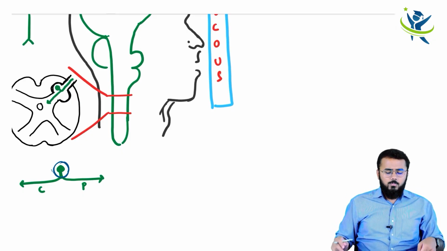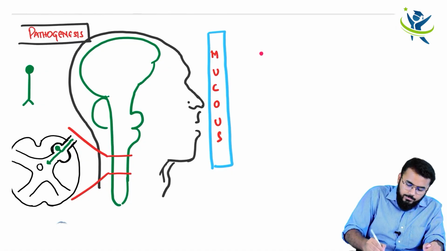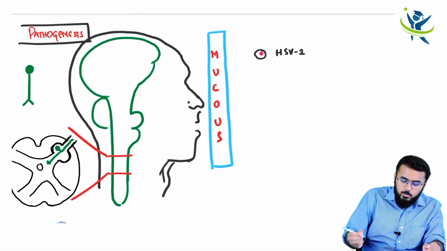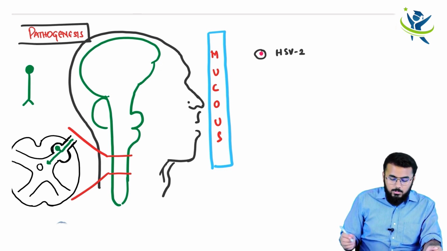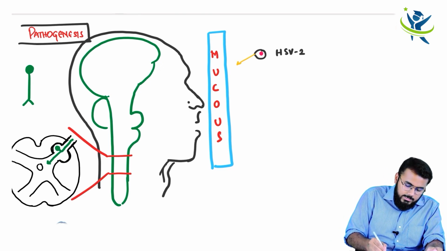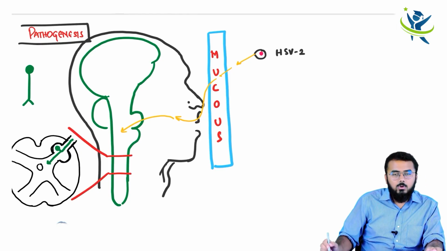Right? Now, what I am trying to explain to you is that, let us say this is herpes simplex virus. This is your herpes simplex virus type 2. From the mucosa, from the oral mucosa, let us say, this virus can enter into your body. From there, straight away it will go to your spinal cord.